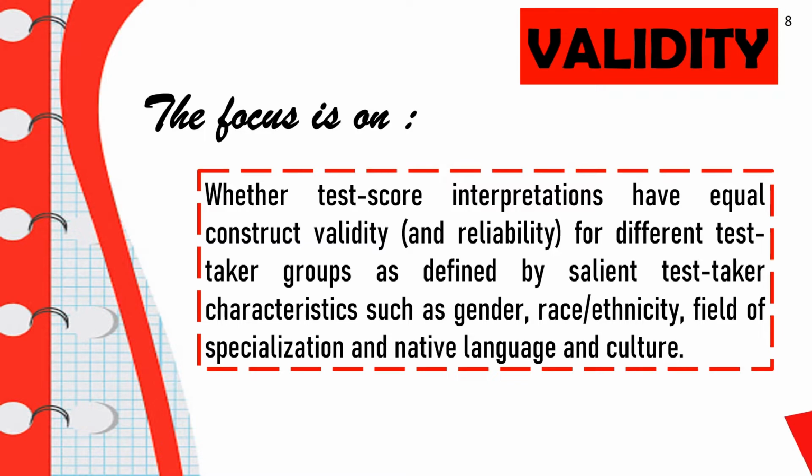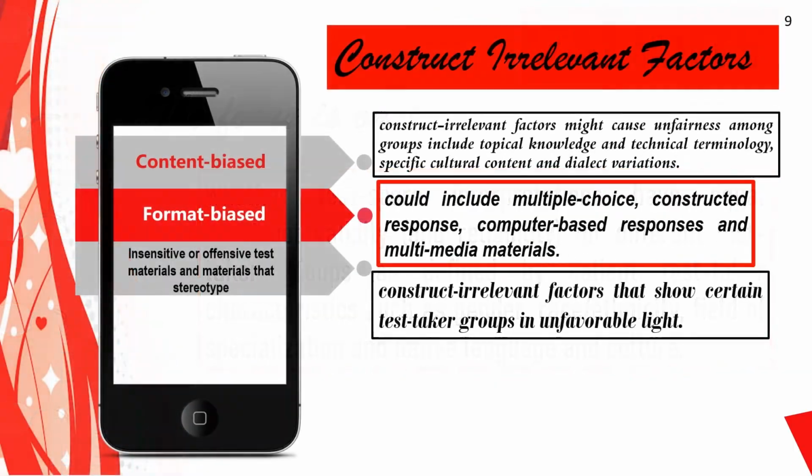So we have validity. The focus is on whether test score interpretations have equal construct validity and reliability for different test taker groups as defined by salient test taker characteristics such as gender, race, ethnicity, field of specialization, and native language and culture. Next, we have construct irrelevant factors.